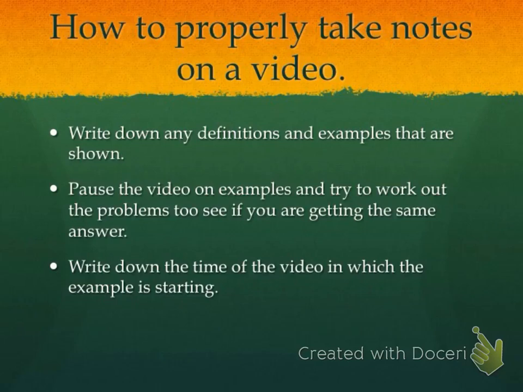And so each example will be a different type of problem, and what's easiest for that is for you to understand what types of problems are at each time increment in the video.